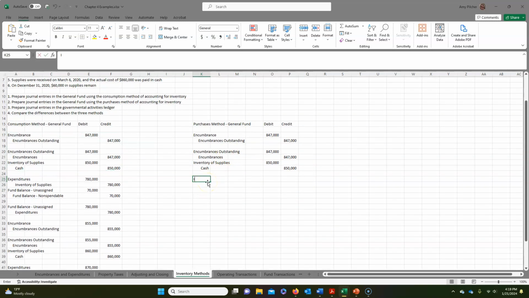So now we're going to record inventory of supplies that we have $70,000, and we have fund balance non-spendable of $70,000.